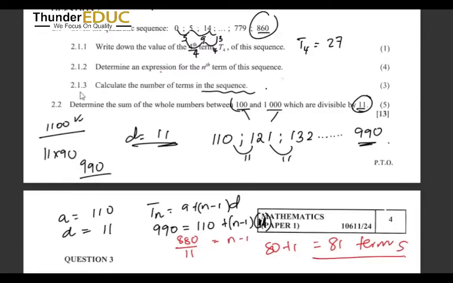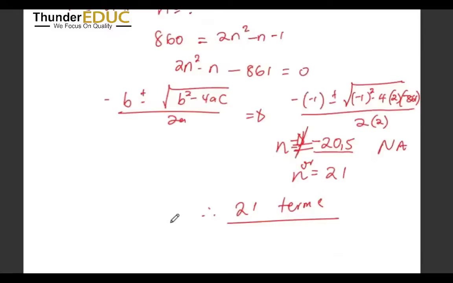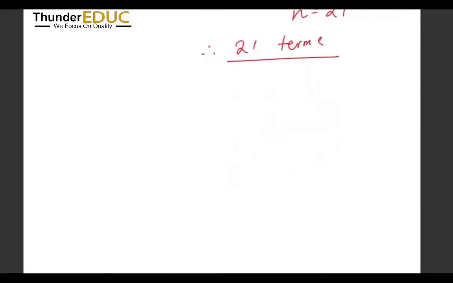Then I'll determine the sum using the arithmetic sequence formula for the sum. So we know that Sn is given as n over 2 into a plus l, since I already have the last term.